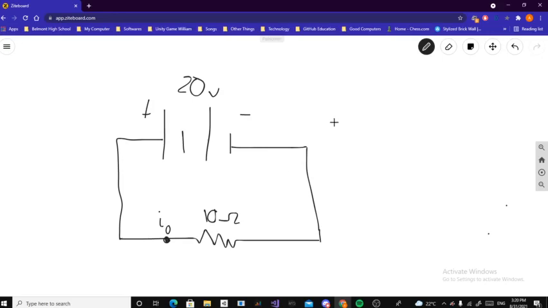If I equals voltage divided by resistance, we can write that as I0 equals V over R, or I0 equals 20 over the total resistance of the entire circuit. Since there aren't any parallel resistors or other exceptions, we have 10, and just like last time, we get 2 amps.